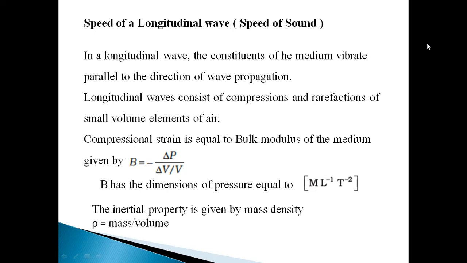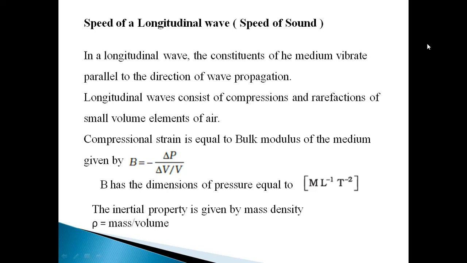This gives a compressional strain to the medium, which relates to the bulk modulus of the medium. The formula for bulk modulus is B equal to minus delta P by delta V by V, where delta P is the stress and delta V by V is the strain produced.